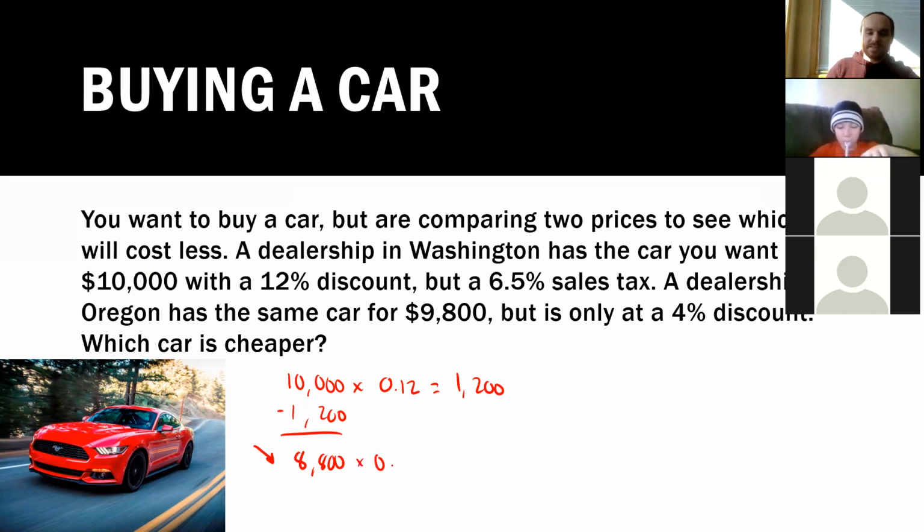So now we have to multiply this by 0.065, and that's going to give us, I don't remember, hold on, I have a calculator right here. Times 0.065. This is going to give us $572. Now, since this is sales tax, this is being added on, so we need to add this over here.